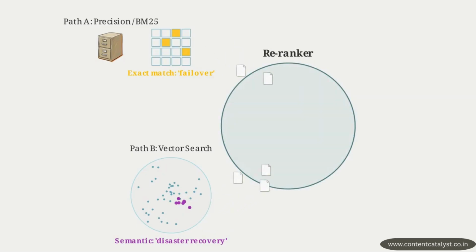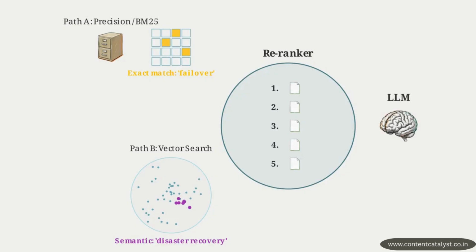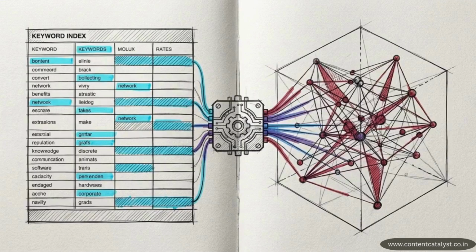These two candidate lists converge at a re-ranker. This node scores the results against each other and orders them by overall relevance into a single unified list.